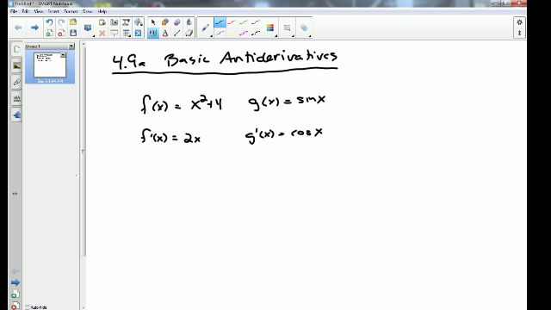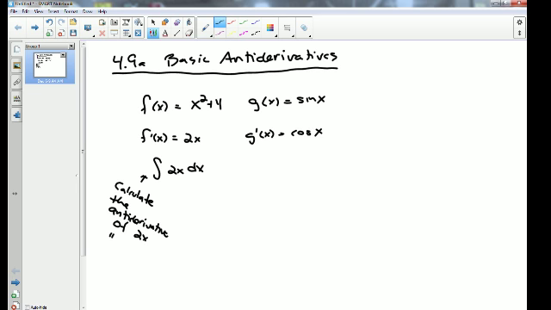So the antiderivative of 2x, we are going to write like this. It's just notation, that's all it is. This is calculate the antiderivative of 2x.